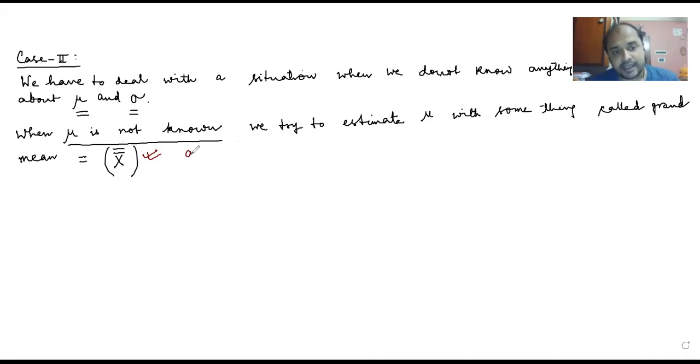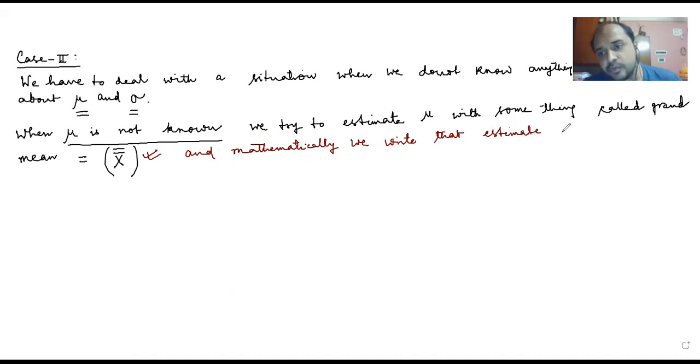Mathematically, we write that this estimate of mu, since mu is not known, is denoted by mu cap, and mu cap is nothing but your x bar bar.